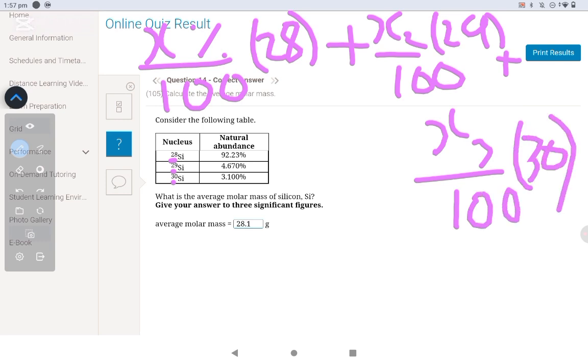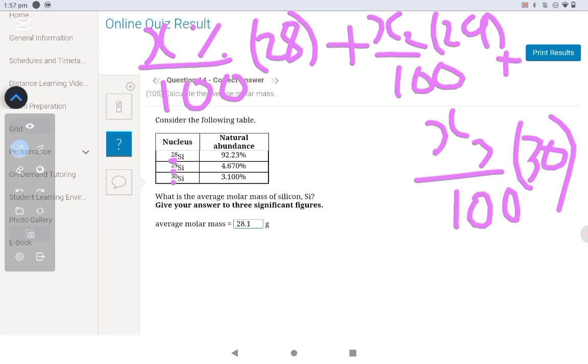If we put that in the calculator, we have 92.23 over 100 times 28, plus 4.670 over 100 times 29, plus 3.1 over 100 times 30.